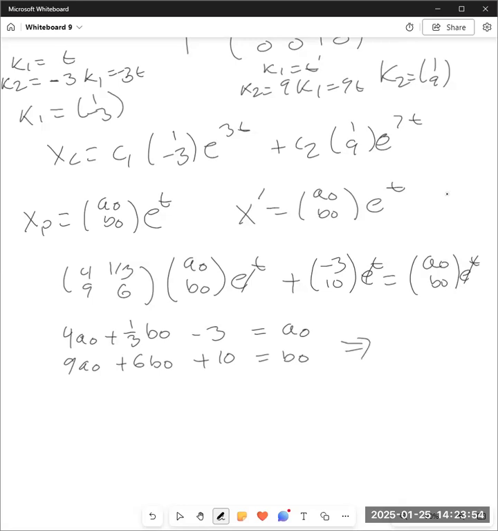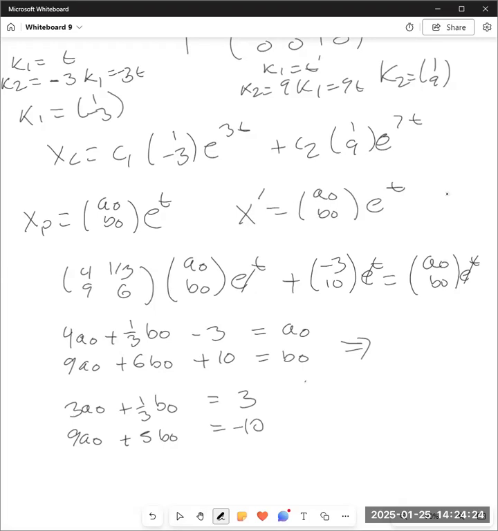I'm going to change that into the system, bringing my a0s over: 3a0 plus b0 is equal to 3, and 9a0 plus 5b0 is equal to -10.